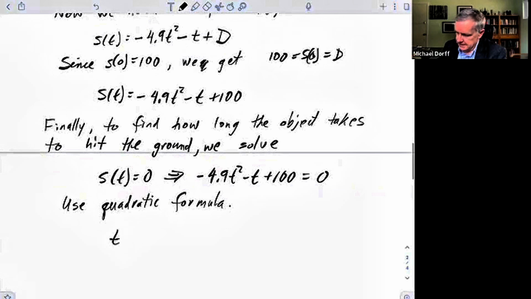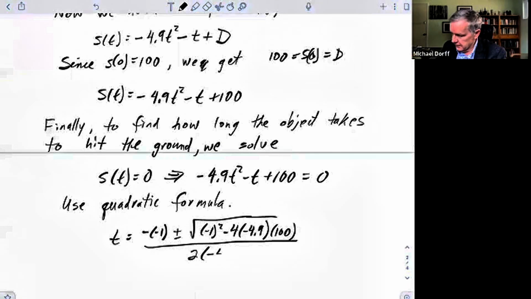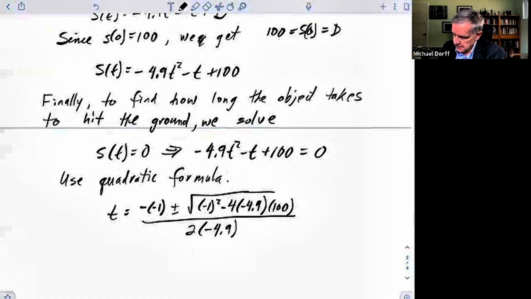So I got t equals negative b, which is going to be negative negative 1 here, plus or minus the square root of b squared, negative 1 squared, minus 4 times a, which is negative 4.9, times c, all over 2 times a, which is negative 4.9.